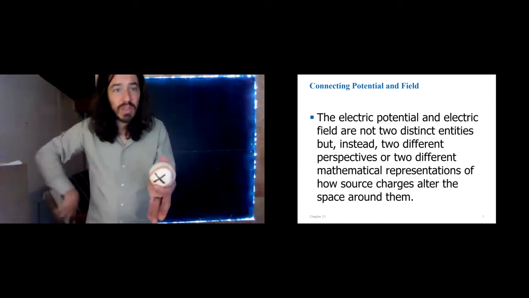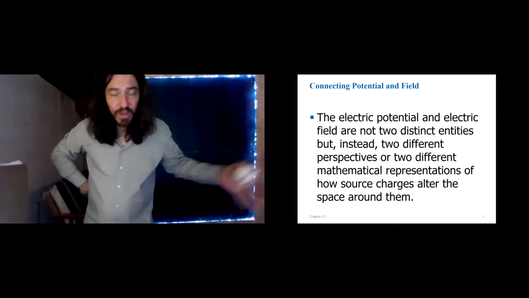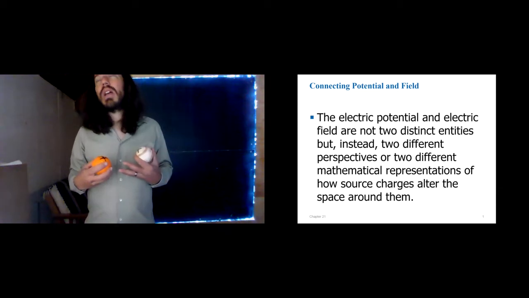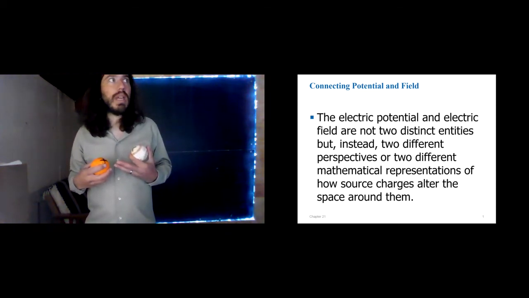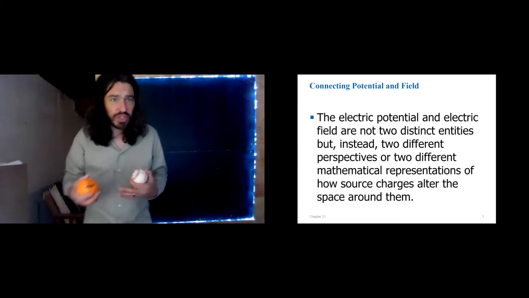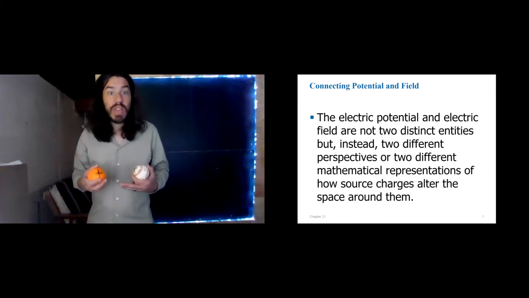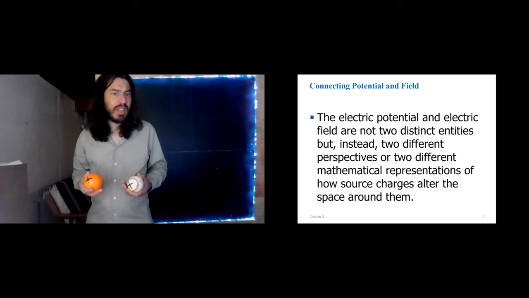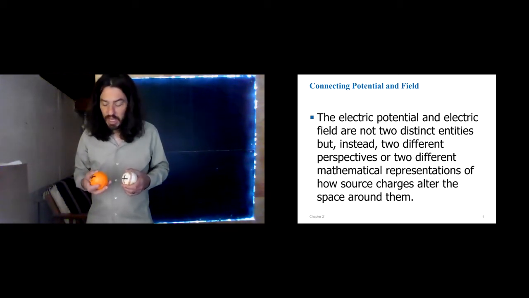Charge B now interacts with that field and experiences a force. Okay, that's nice because it takes away this action at a distance, right? How do these two charges know that the other one is there? So that's why it's nice. It's a little bit tricky because it's a vector, and as we've seen, vector problems can be pretty tricky.